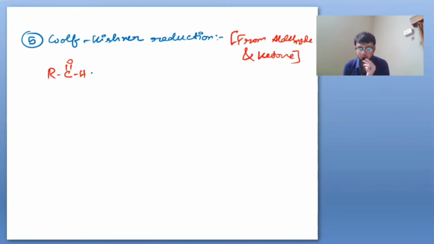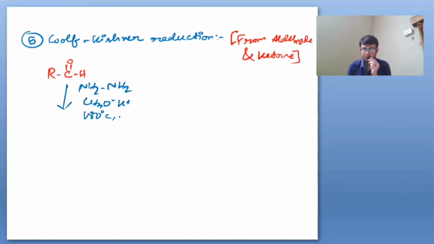So it will also be the same as our Clemmensen reduction, but its reagent is different. That is, we take hydrazine NH2NH2, CH3O minus K plus, and 180 degrees Celsius temperature. If we give it, then it is the same as the Clemmensen reduction.